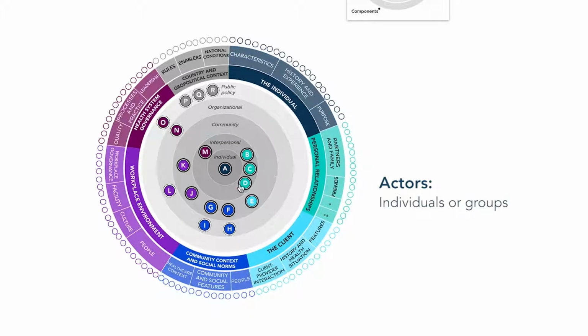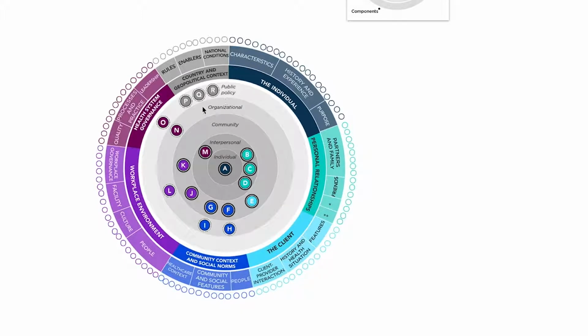Actors are individuals or groups that influence provider behaviour, while entities are organisations or institutions that influence provider behaviour. The actors and entities are placed in their relevant level of the socio-ecological model: individual, interpersonal, community, organisational or public policy levels.